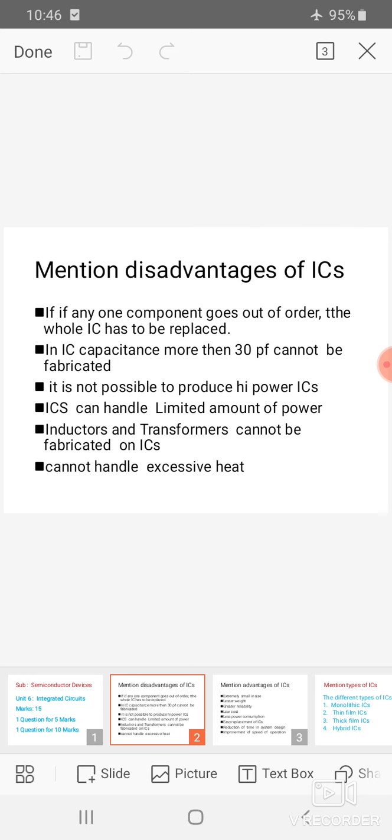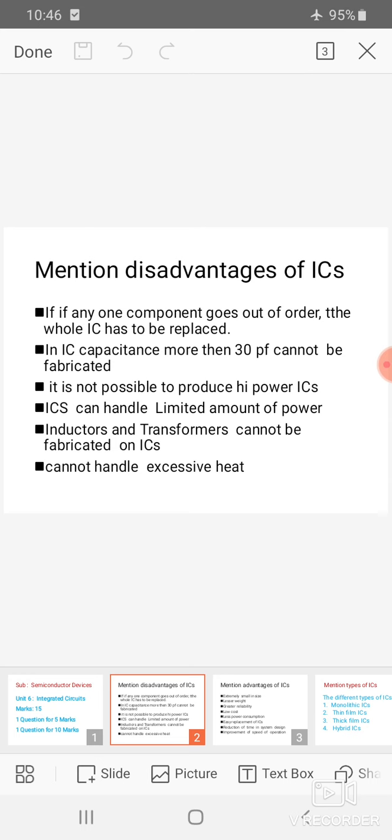In integrated circuits, those disadvantages are overcome. Here all the components are etched onto a single chip, and the size of the circuit will be very small. It is called a miniature circuit. By using microelectronics, this branch of electronics, the ICs are manufactured.